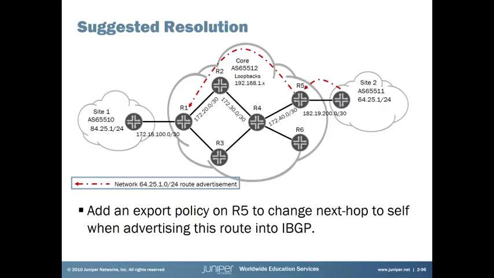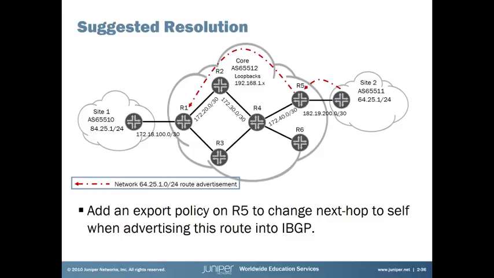Why doesn't R1 know about that? Well, because the information that R1 knows about is the information that it has learnt from its own IGP running in its own network. And it hasn't learnt about the 182.19.200.0 network, because that network is not part of the IGP running within that autonomous system.